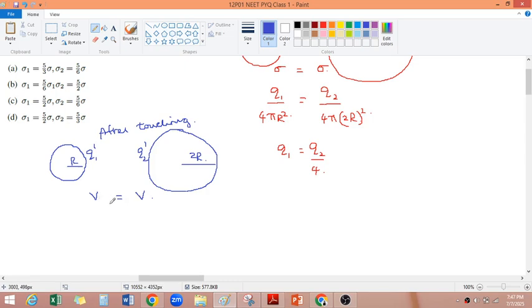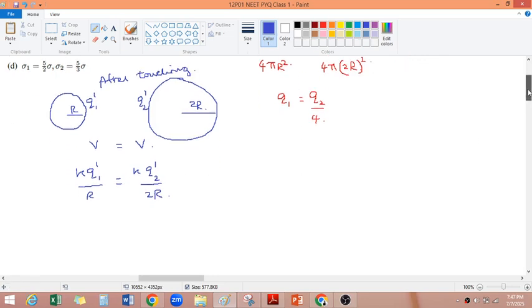One method is voltage is same, so V is equal to KQ by R. So K Q1 dash by R equals K Q2 dash by 2R. Again, get rid of all the unwanted things. So Q1 dash is equal to Q2 dash divided by 2.